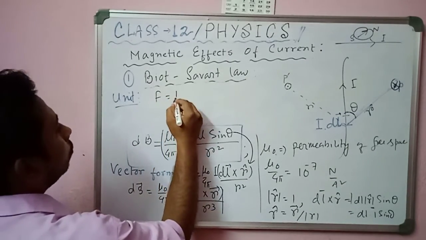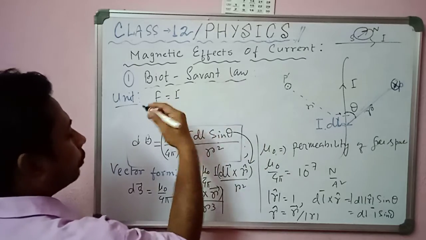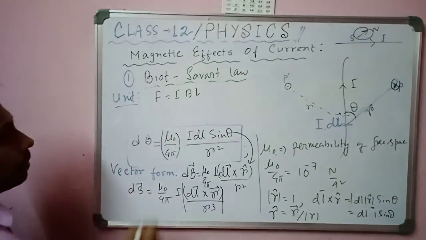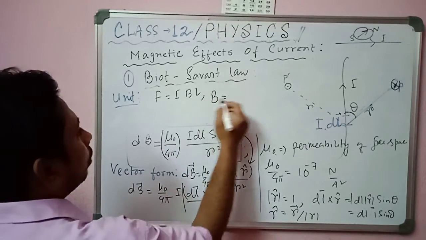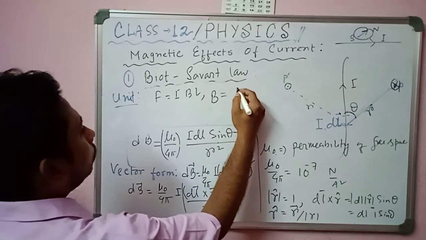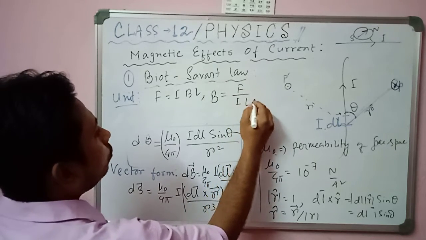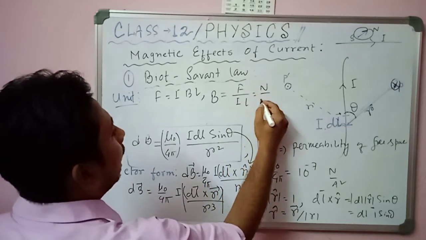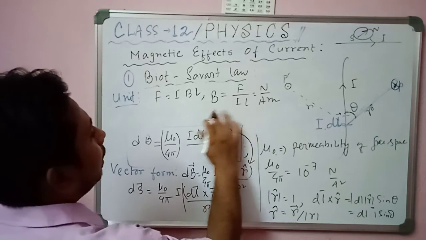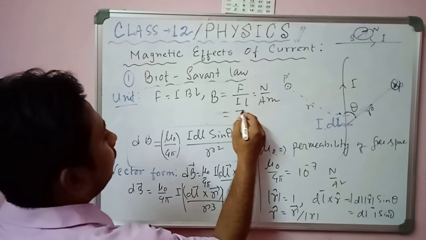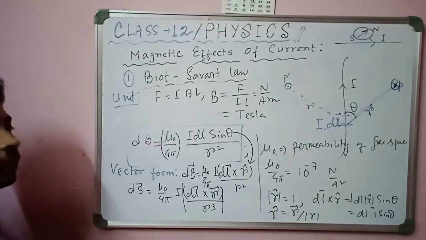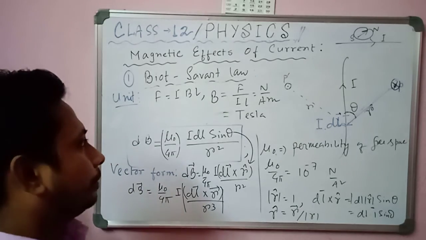So F equal to, and later on I will also discuss, F equal to IBL. From this you can calculate the unit of B. B equal to F by I into L. F means Newton, I means ampere, length means meter. So in one word you can write Tesla. So student, Tesla is the SI unit of the magnetic field vector.